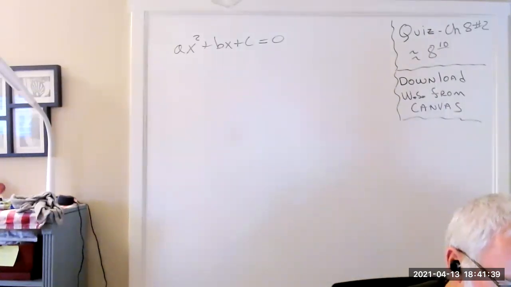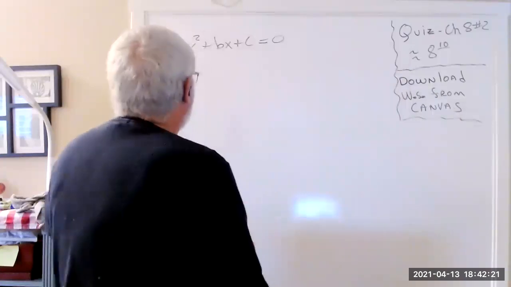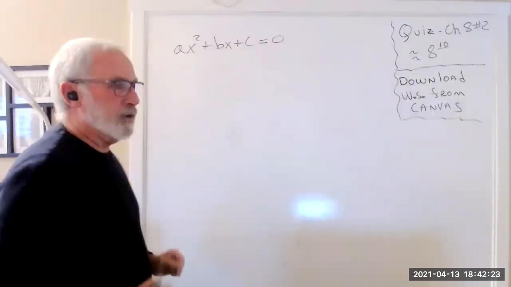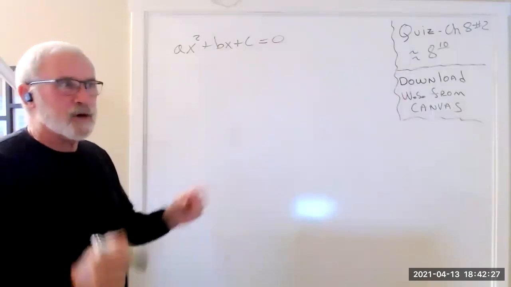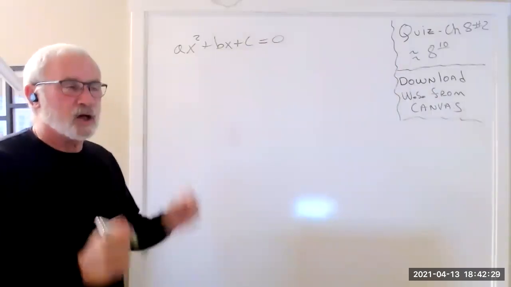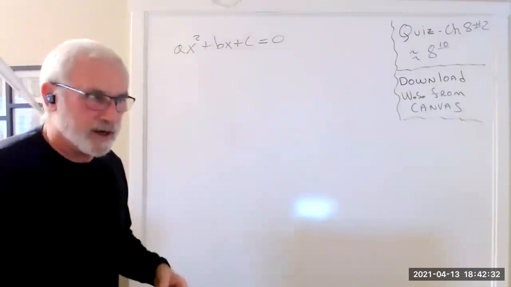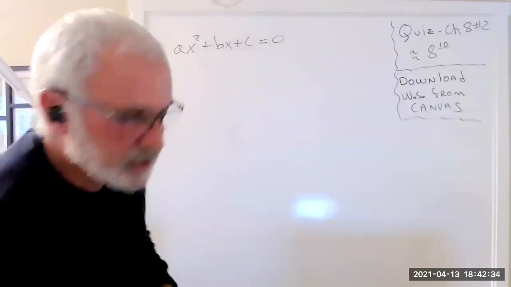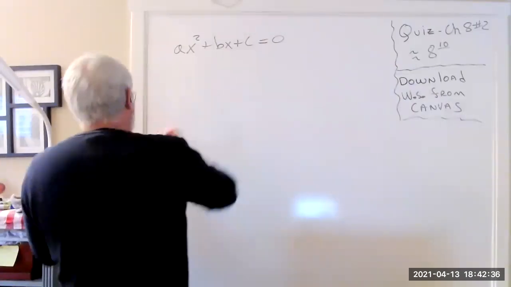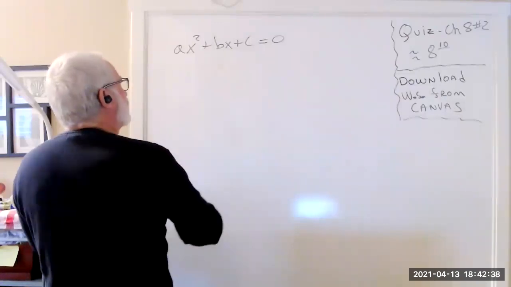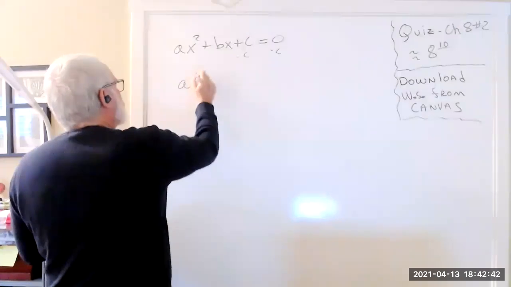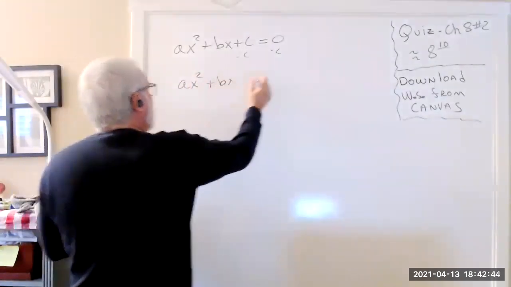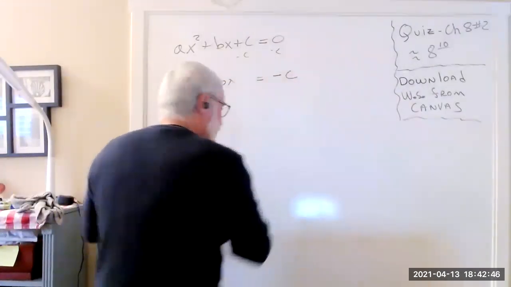Right. Hang on. I got to pause this. Okay. I want to solve this for x. There's no numbers. I want to get x alone in a legal mathematical way. So the first thing I'm going to do is subtract c from both sides, and I get ax squared plus bx equals negative c.